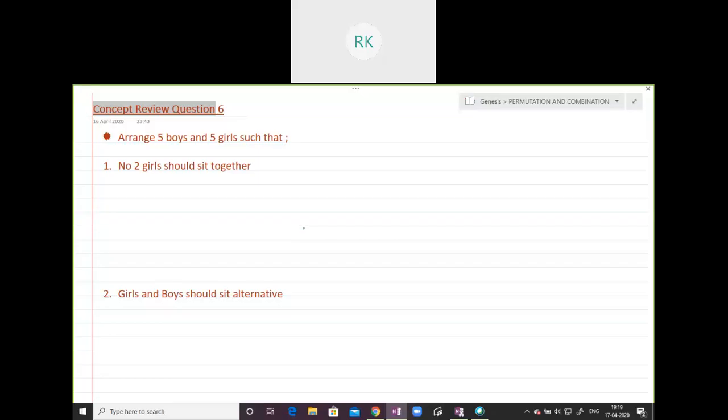It means boys can sit together. Second one, girls and boys should sit alternately. It means no 2 boys should sit together and no 2 girls should sit together. Both are different. What does this mean? It means that two boys can sit together in the first case. No? Boys can sit together. So both questions are different.